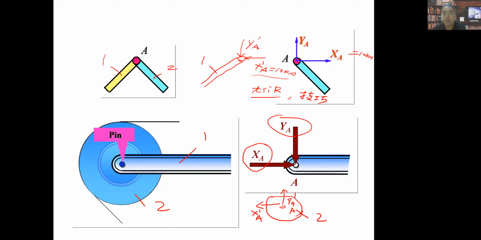The reason is the same as this, because if you know its magnitude, you will immediately have this YA prime magnitude. This one also is true, right? This is cylindrical pin.